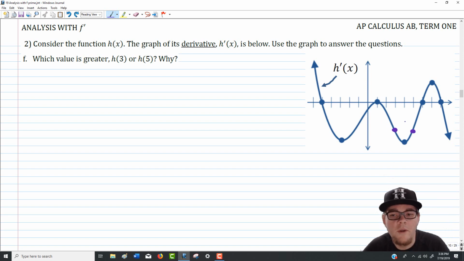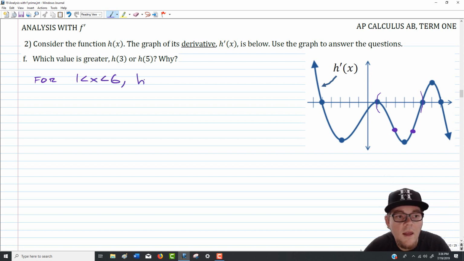It doesn't really matter where those points actually fall. What's important is to look at our graph. So look at h prime of x. So we're interested in this interval from 3 to 5. Well, take into account this interval, what is that, from 1 to 6? So consider this. For all the x values between 1 and 6, h prime of x is what?